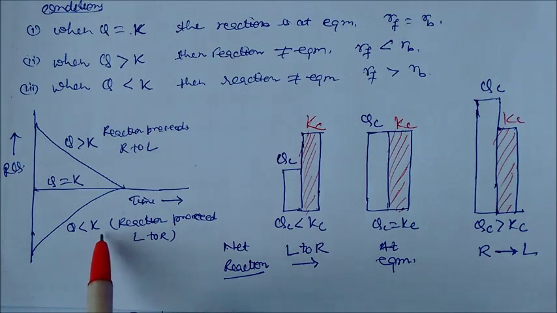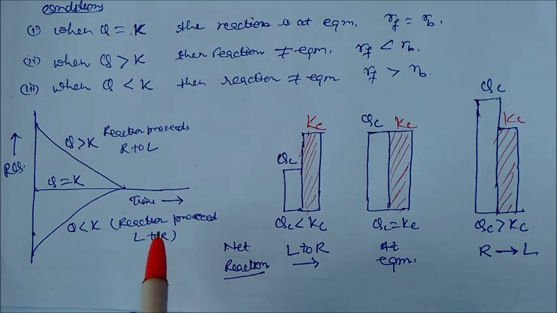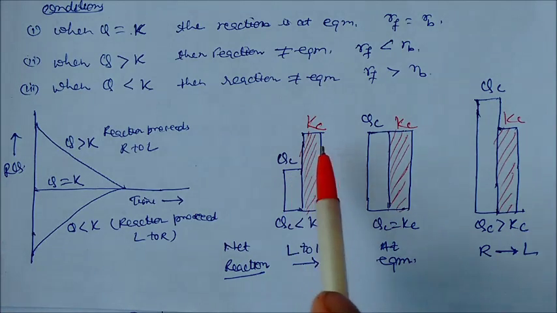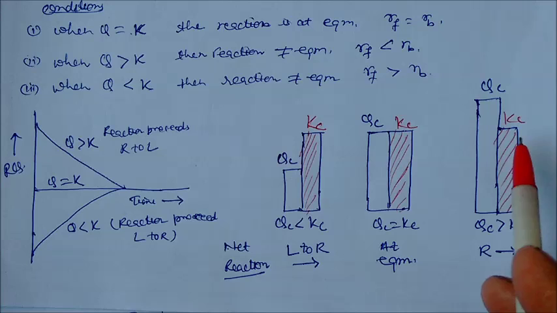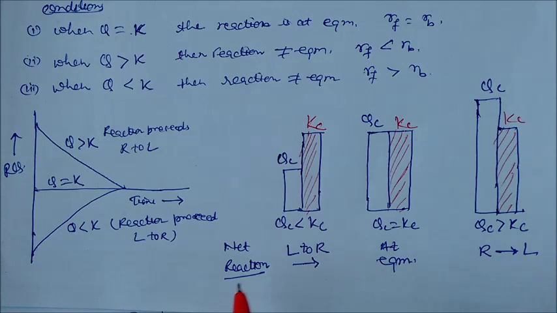If Q is lesser than K, the reaction proceeds from left to right, meaning the forward reaction proceeds and more product formation is favored. We can see this in a bar diagram also. If QC is lesser than KC, the reaction will go from left to right. If QC is equal to KC, things are the same. If QC is greater than KC, the reaction will go from right to left, meaning the backward direction.